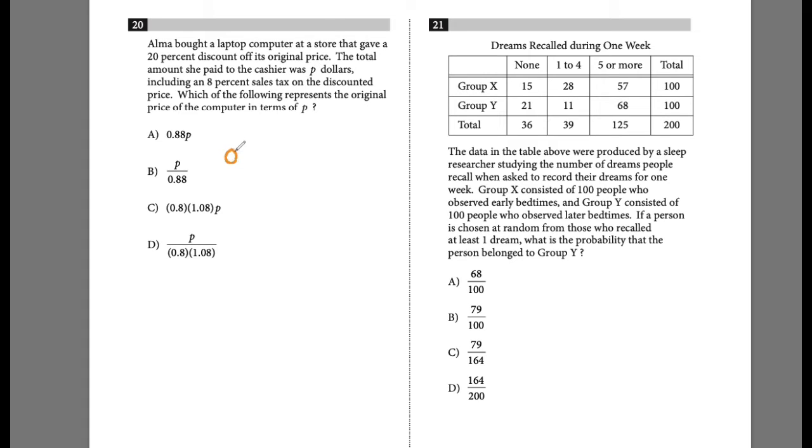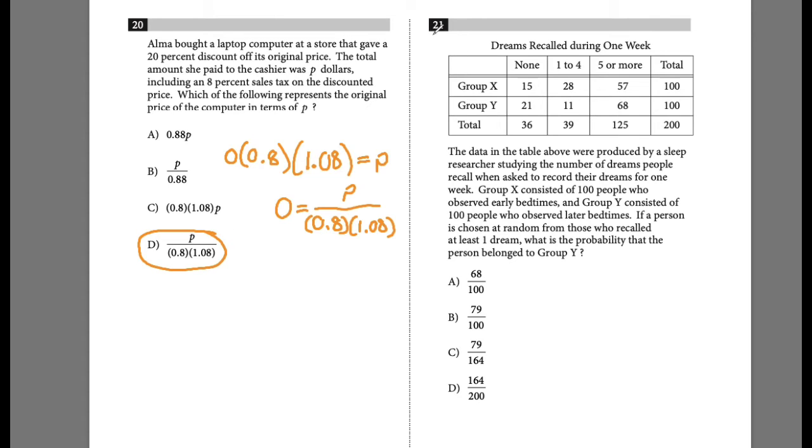If we say O is the original price, we know that a 20% discount is going to be the original price times 0.8, and then an 8% sales tax is going to be times 1.08, and this is going to end up being the amount paid. In order to get the original price by itself and to have the equation in terms of P, we can divide by 0.8 and 1.08 on both sides, and we'll get the original price equals P divided by 0.8 times 1.08, or answer choice D.